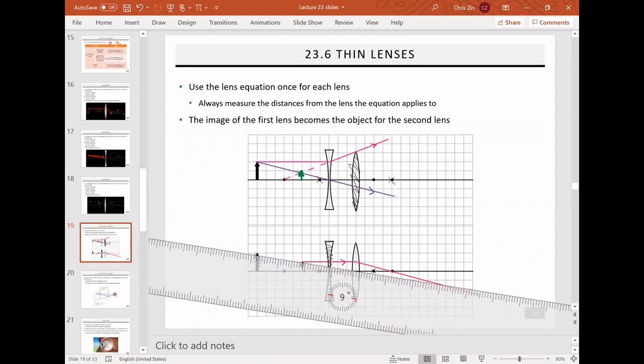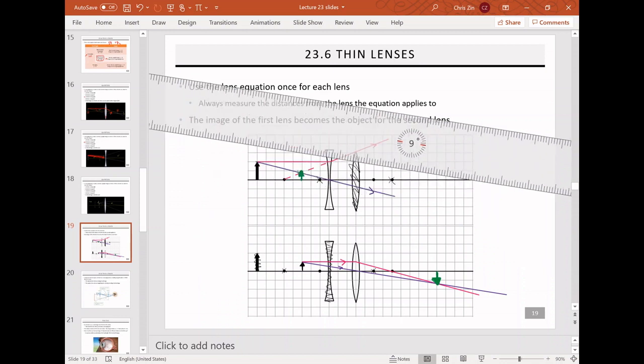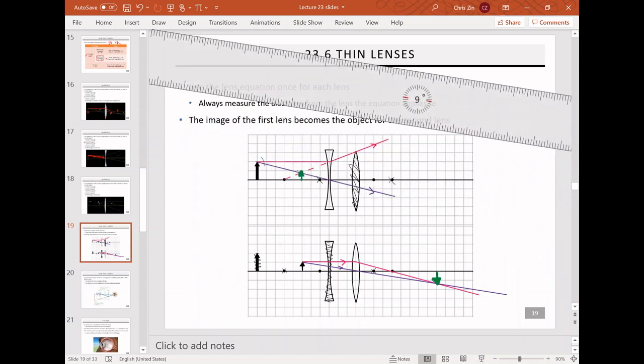This one starts at the top of the object, passes right through the center of the lens, and doesn't refract at all. Then the rays pass through that lens, and they converge at a single point on the right side of the lens. This is the image location for the object that we were just using, but it's also the image location for the original object after it has passed through both of the lenses.